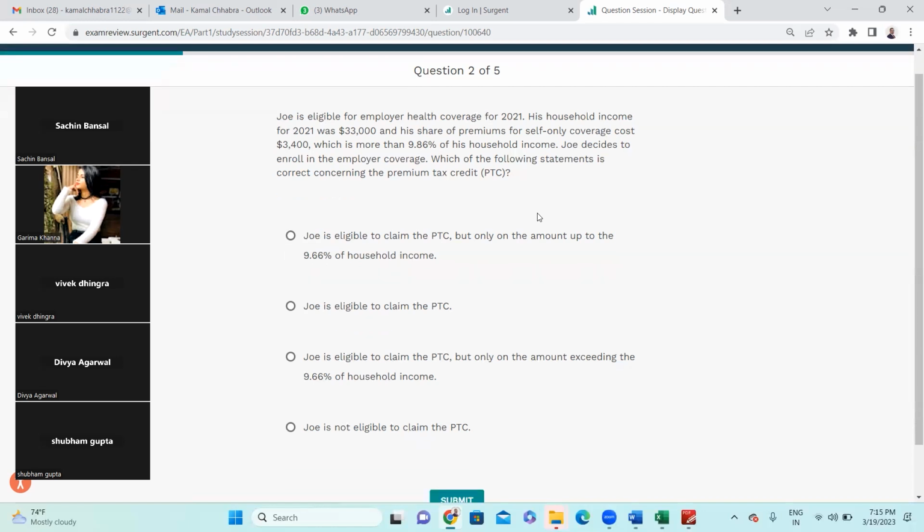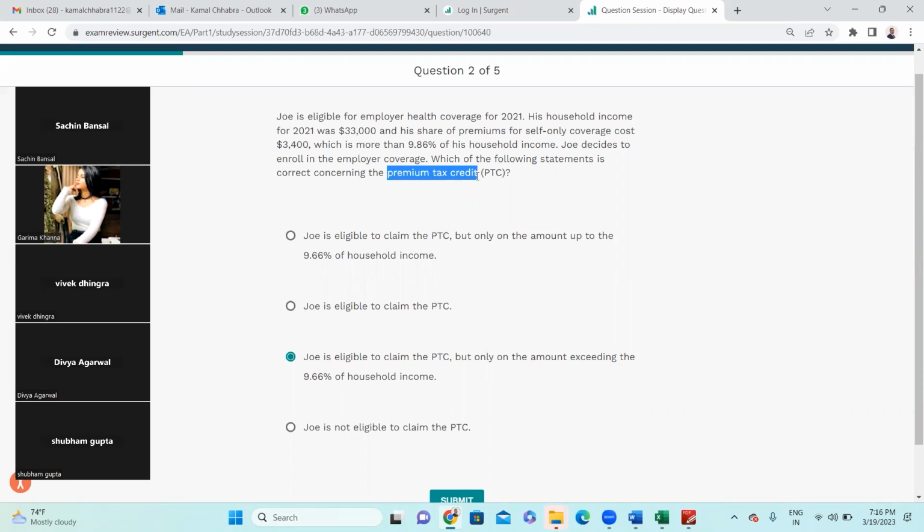Which option? I'll have to guess, I don't remember. Yeah, I think so. I'm also not sure. This PTC is not 9.86%, I think it is between 7 or 8%. So this option second is eligible.